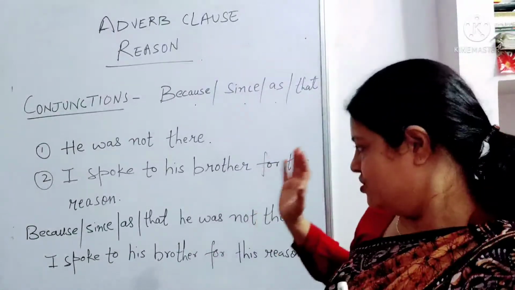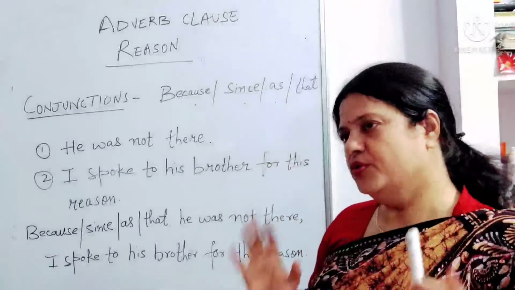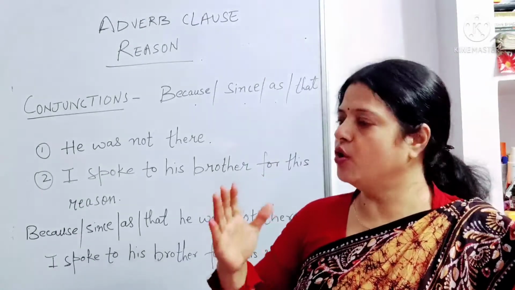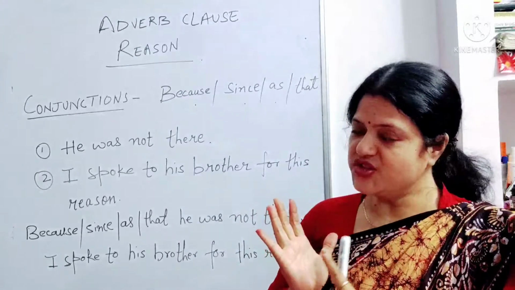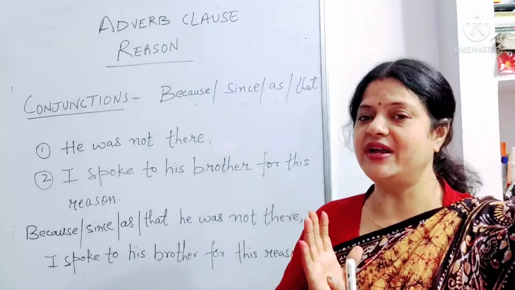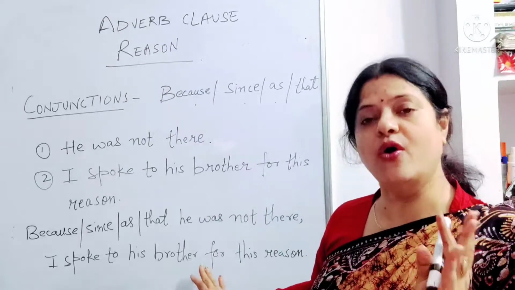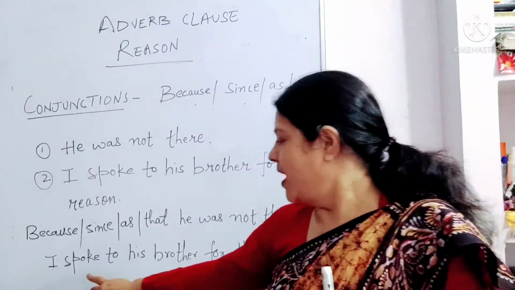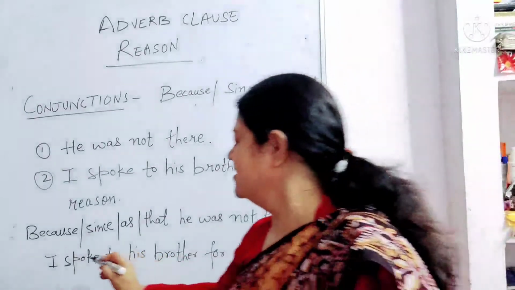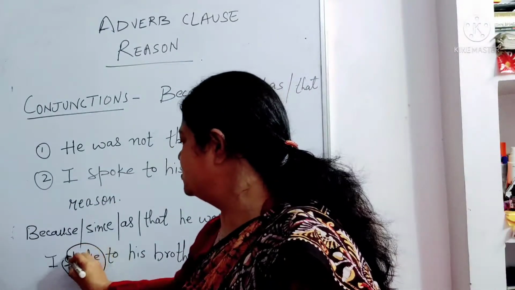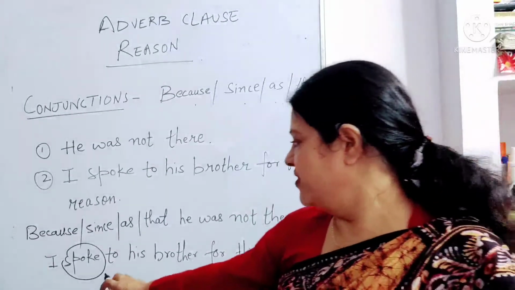The work of an adverb is that it always modifies some verb, adjective or another adverb in the main clause or the principal clause. So in the principal clause we have the verb spoke.